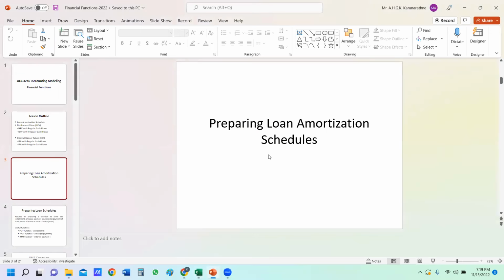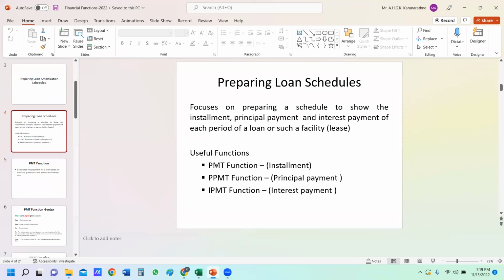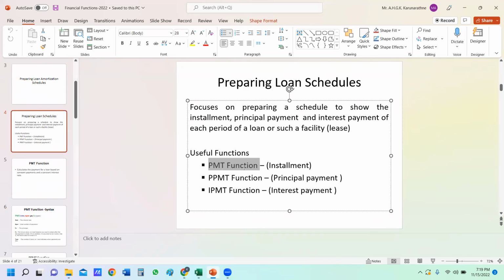For this purpose, we have PMT. Here you can see the PMT function to compute installment, the PPMT function to find out principal payment, that is to prepare the principal payment column, and the IPMT function to prepare the interest payment column.